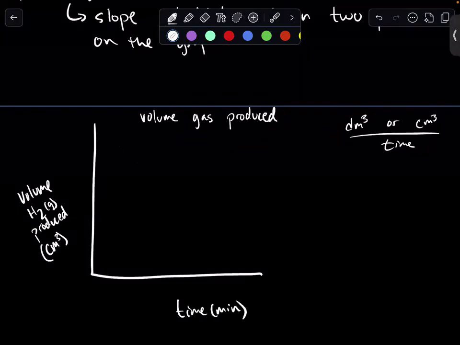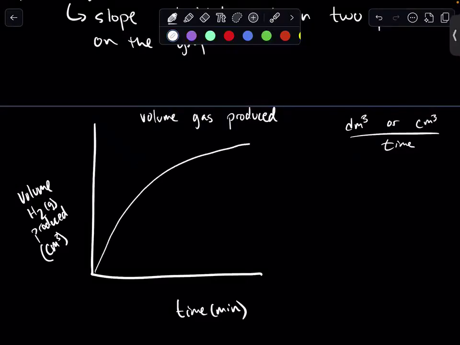We can do pretty much anything we want with that, but we'll create a nice little graph. You'll notice the slope starts steep as we have a lot of reactants and smooths out as our reactants decrease. So we'll just put some initial data points here. Let's make our math easy. We finish at about 10 minutes, and we'll say that our maximum volume produced is 20 centimeters cubed.